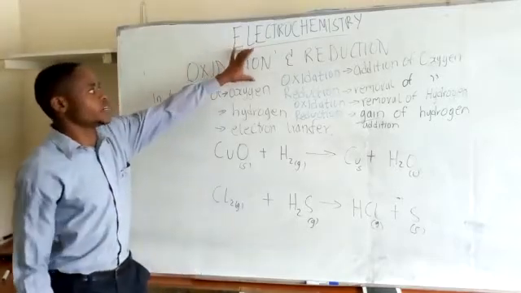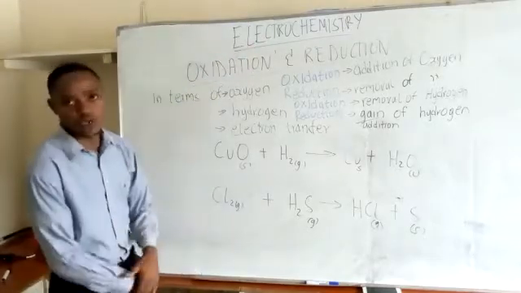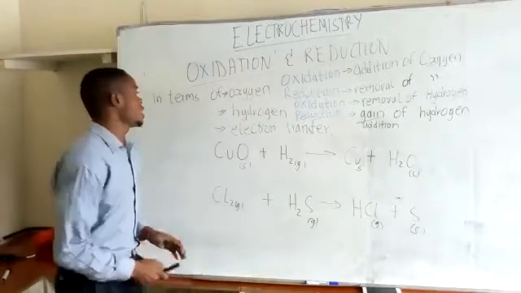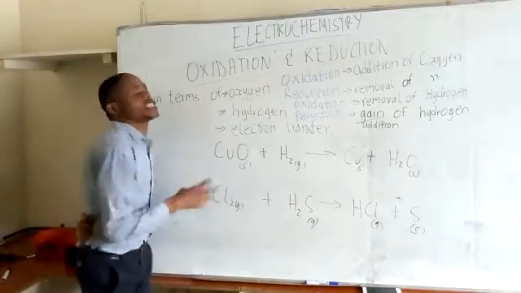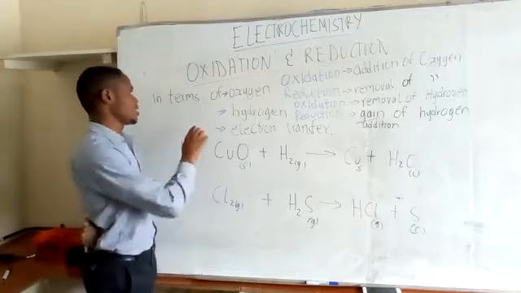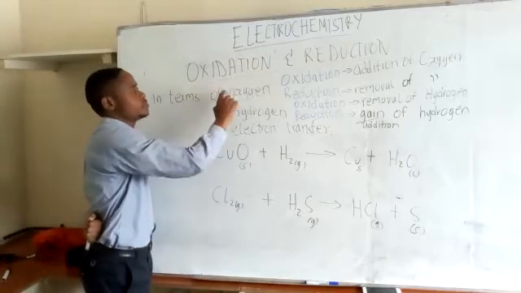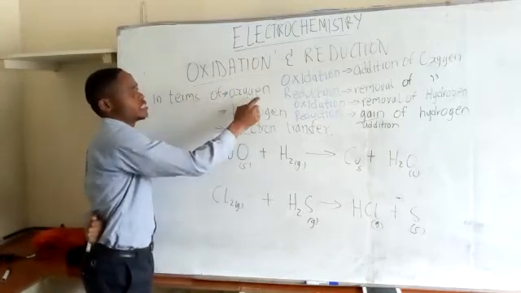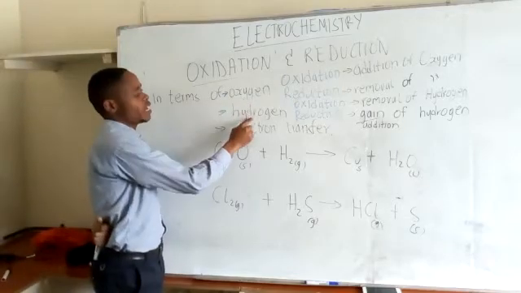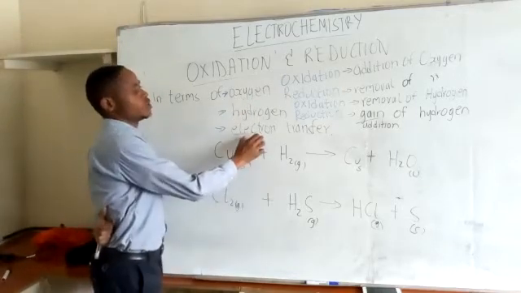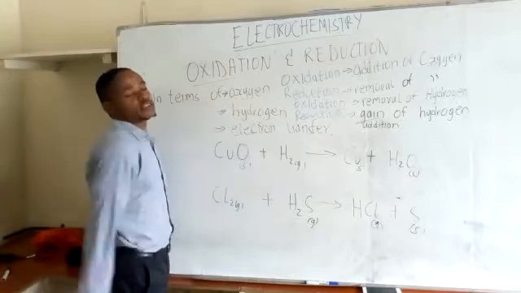Our first part, we are going to look at oxidation and reduction in three ways. We're going to define these two terms in terms of oxygen, in terms of hydrogen, and in terms of electron transfer.